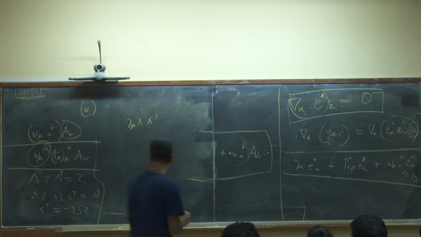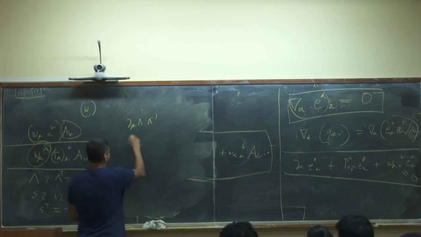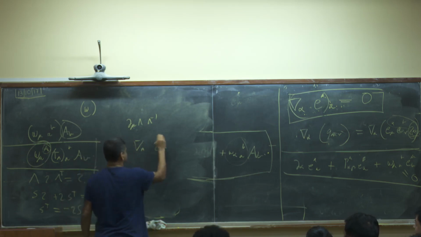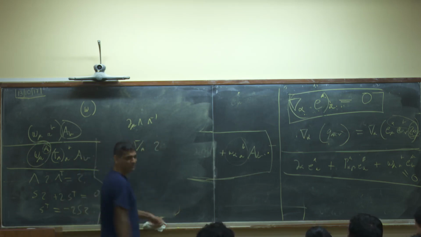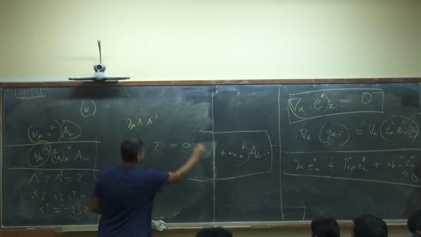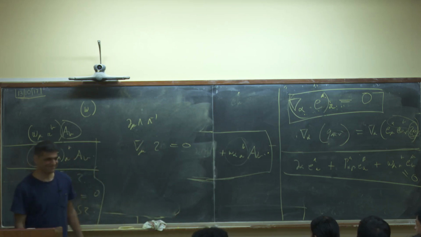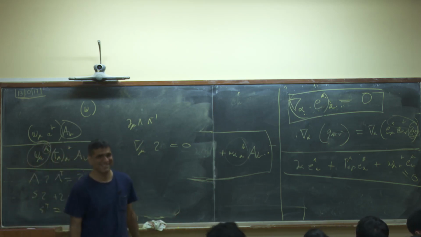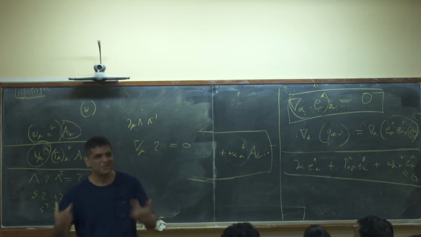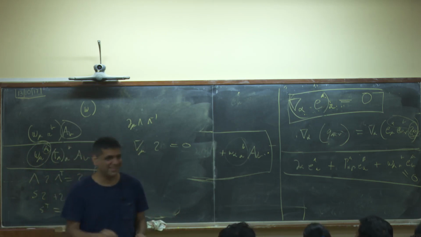By the way, check that del mu of eta ab is equal to 0. You know how to do it, right? You write eta in terms of dot products of two e's, and then you use it.